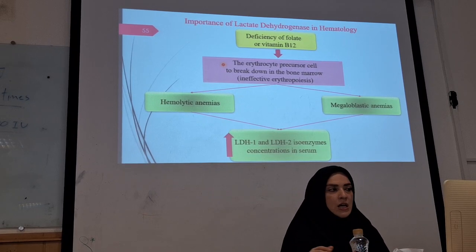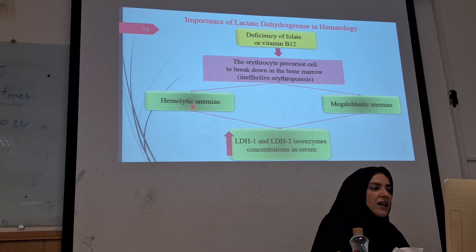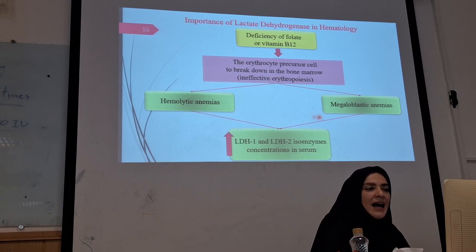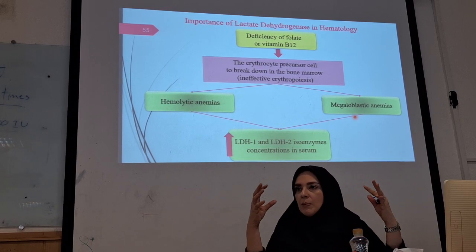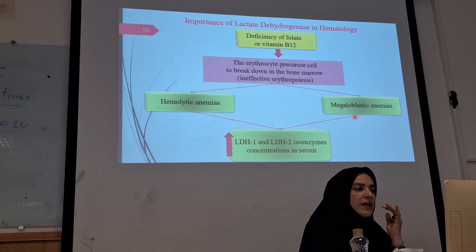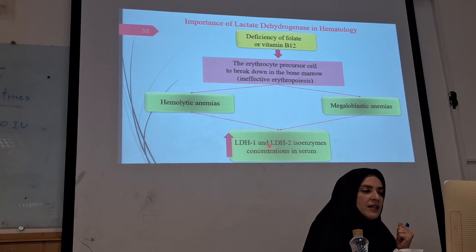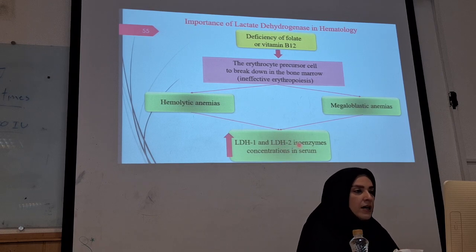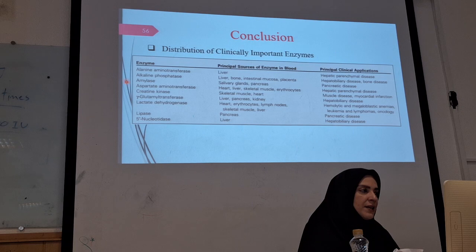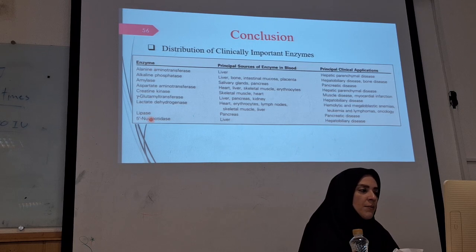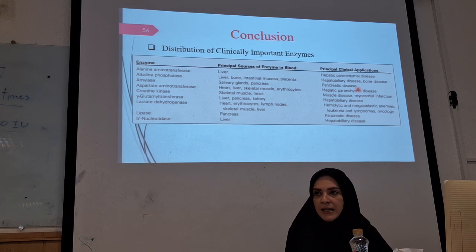As a result, we have a hemolytic anemia and another kind, megaloblastic anemia. Whenever we have these two types of anemia, we have a high concentration of lactate dehydrogenase 1 and especially lactate dehydrogenase number 2. So this is a review of some enzymes that are of clinical importance. These are the tissue distribution, and these are the most important clinical applications.